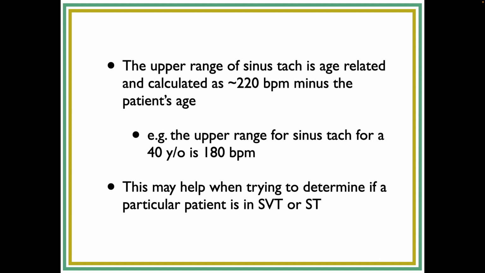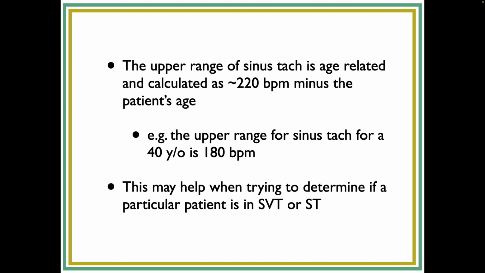That means if somebody is 40 years old, then you take 220 minus 40 and you come up with 180. That's the approximate number, that's the highest rate of sinus tach that person can go into. It's about 180. Remember, it's not precise.